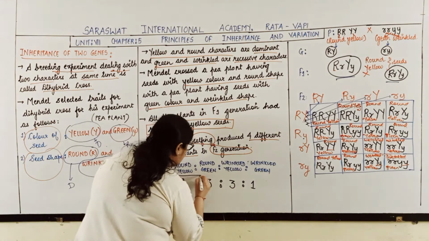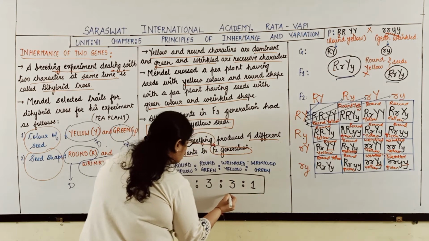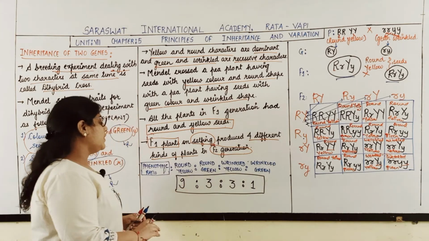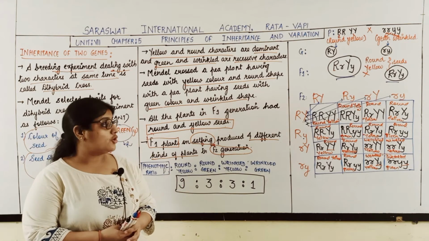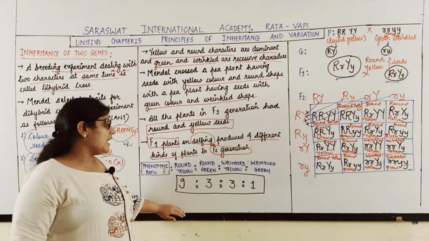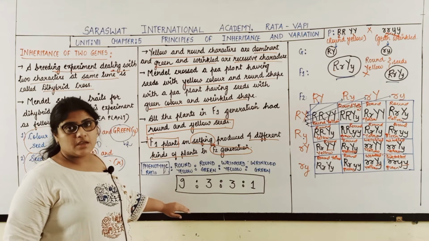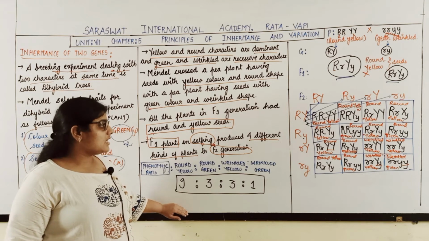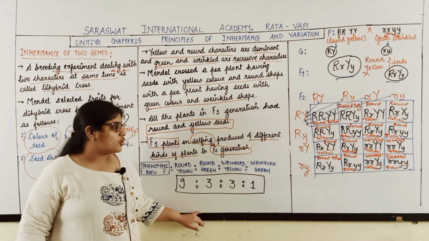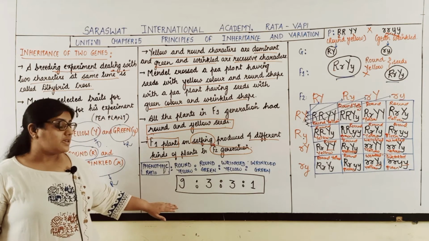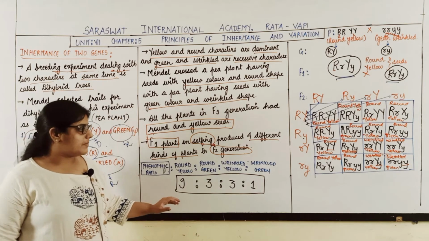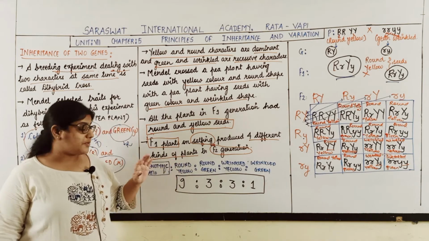So this is the phenotypic ratio of the dihybrid experiment. What is this? This is the phenotypic ratio obtained from the dihybrid experiment. Clear, students? How many different?